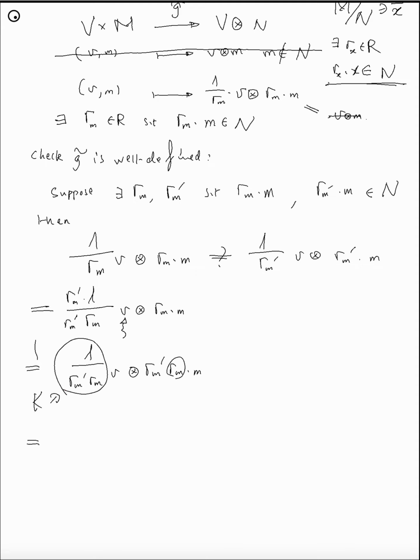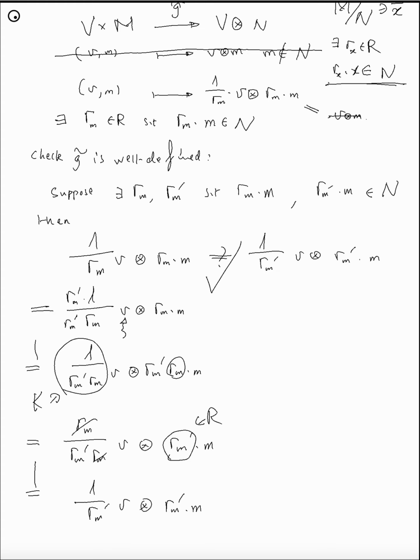At the same time, I could move this to the right hand side, because M is an R module, this is still in R. But then this cancels, this gives you r_m prime with r_m prime m, and so this is true.